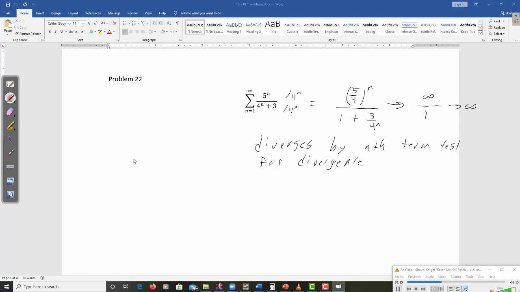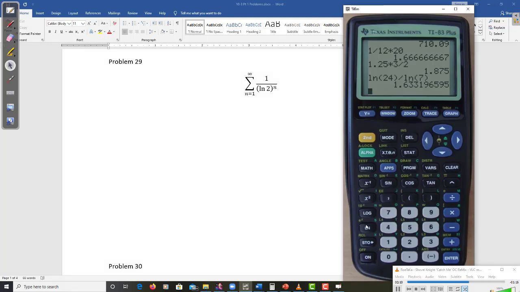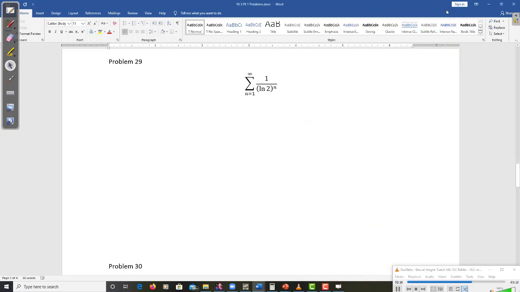The series can't converge. I think the trick here is that if you look at ln of 2, I think that's less than 1. Yeah, it's about 0.69. So when you take higher and higher powers on it, the bottom is going to get tinier and tinier, which means the sequence itself isn't going to converge.